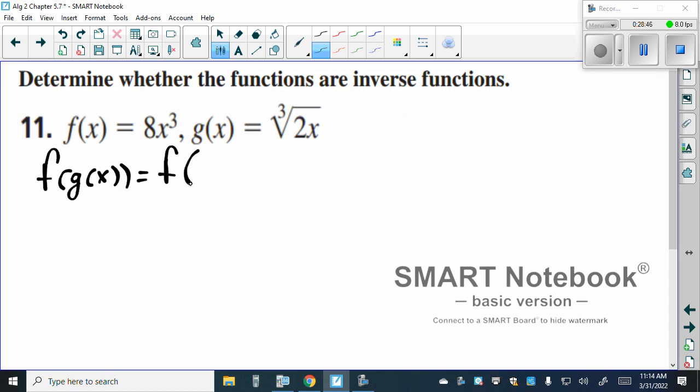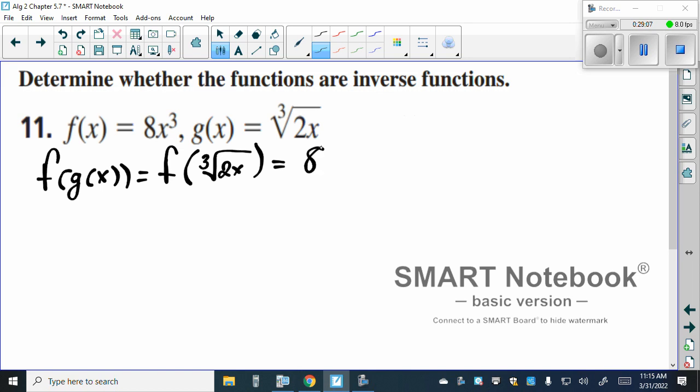Now in our case, g of x is the cubed root of 2x. So we'll replace g of x with what it's equal to, the cubed root of 2x. Now again, just like on the last ones, we're going to replace every x in f of x with the cubed root of 2x.